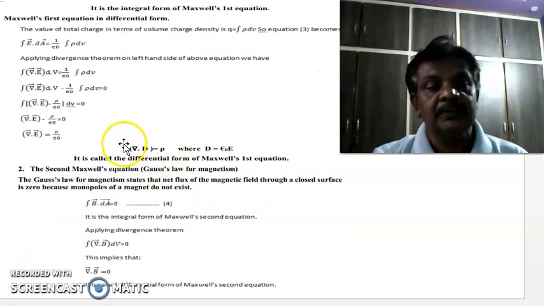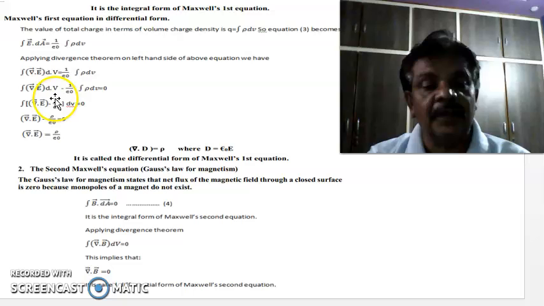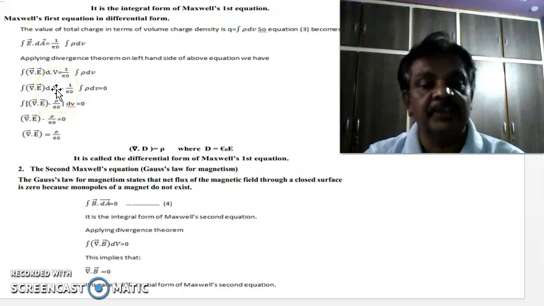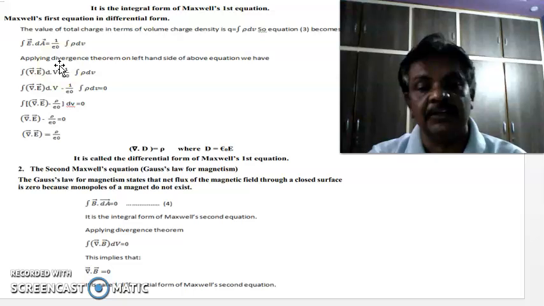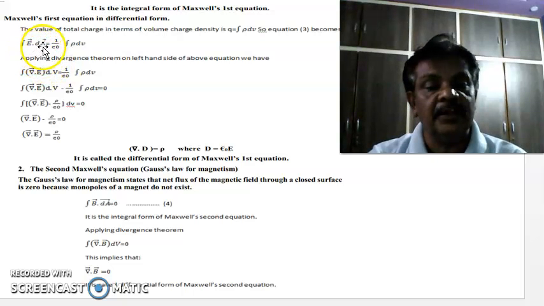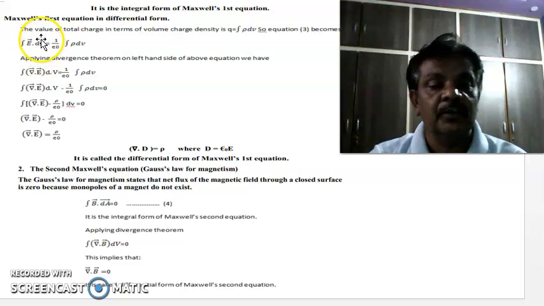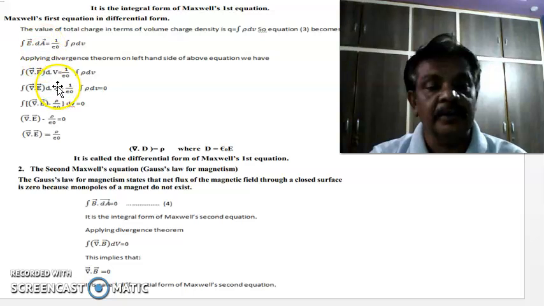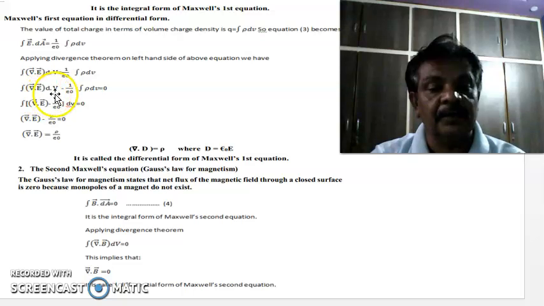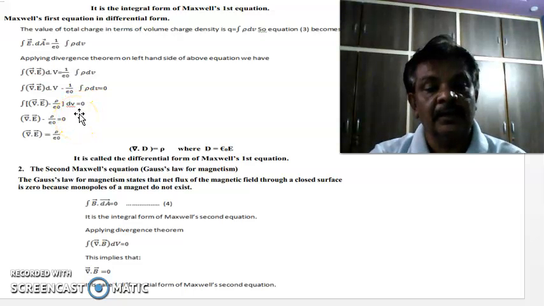Let us go for the differential form. From the divergence theorem, we can convert the surface integral into volume integral. So surface integral E bar dot dA bar can be converted into volume integral del dot E bar into dV, and the right side part is rho dV, taking Q by epsilon naught as volume integral of rho by epsilon naught.